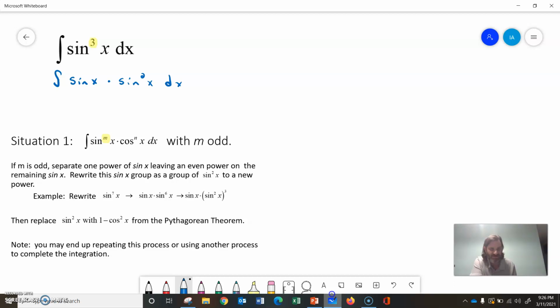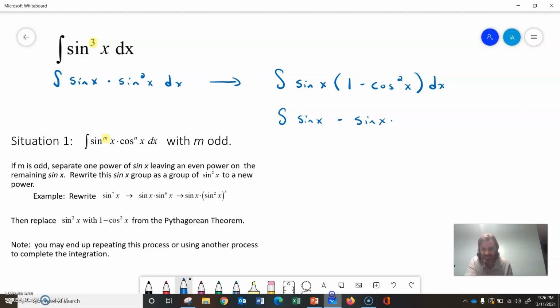But what I can do from there is replace the sine squared with 1 minus cosine squared x. So I'm going to distribute this sine through. So I'll have the integral of sine x minus sine x times cosine squared of x dx.